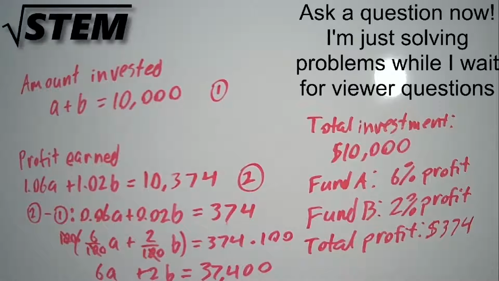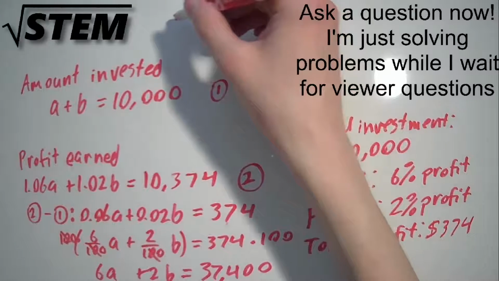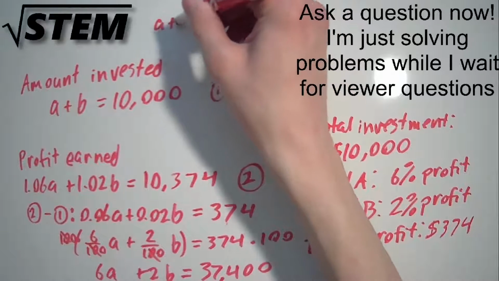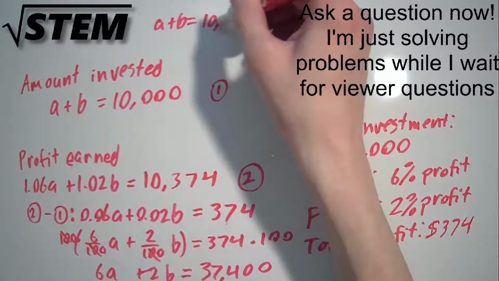37,400. And we need to move somewhere else on the board because we are running out of room. I'm going to go ahead and rewrite equation 1 up here at the top. A plus b equals 10,000.